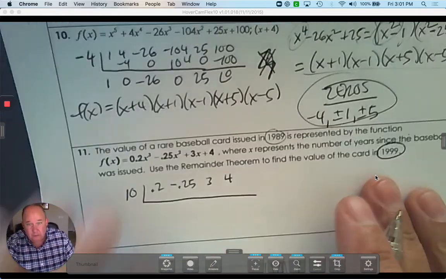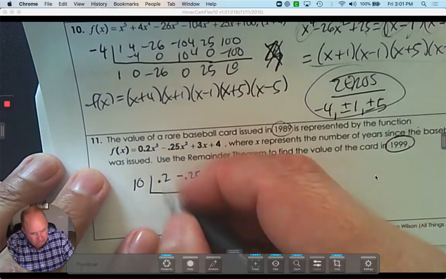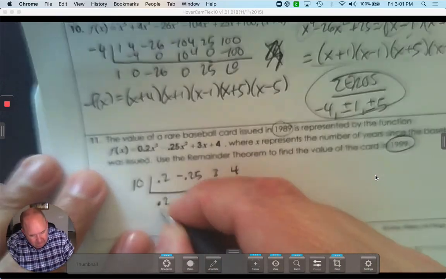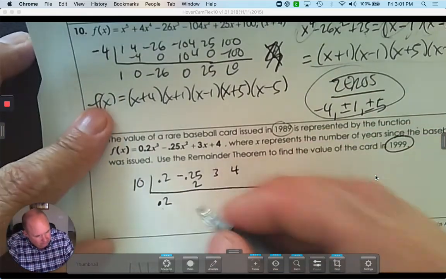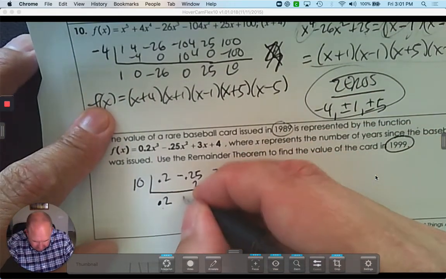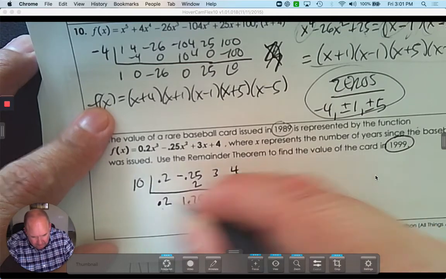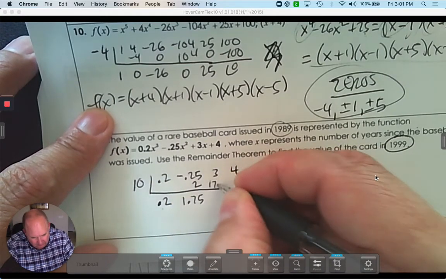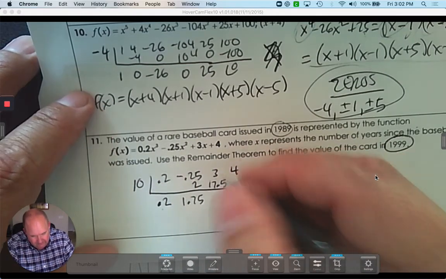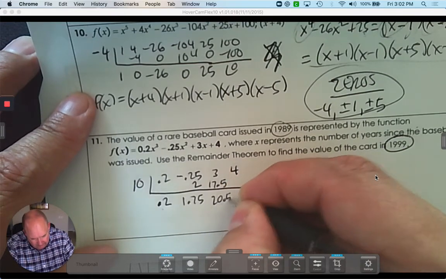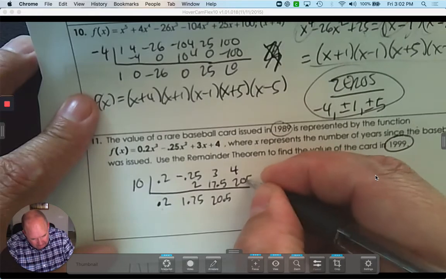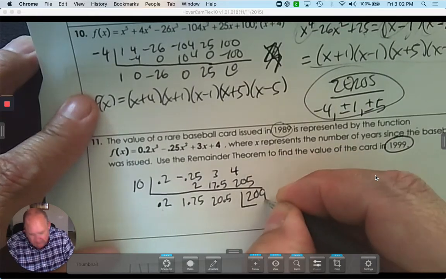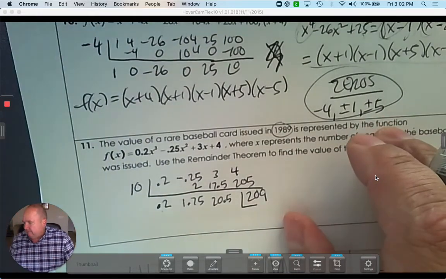No missing terms there. So I just use the coefficients. 10 means you move the decimal. I'm going to treat this like money, like $2 take away a quarter. That's $1.75. Multiplied by 10, you move the decimal, it's 17.5. This is 20.5. Okay, again, multiply times 10, move the decimal, that's 205. So I get 209 as the price.